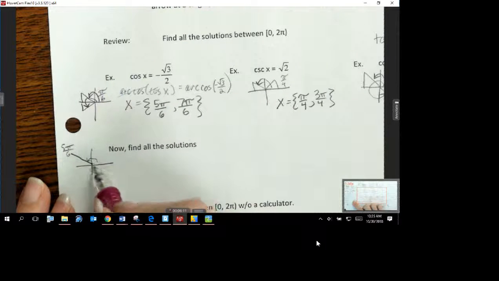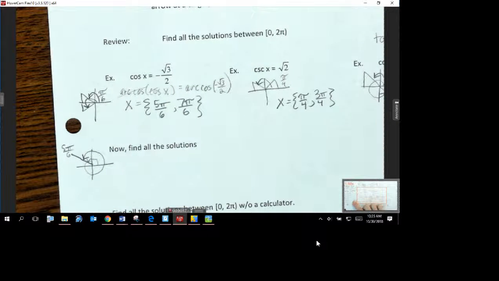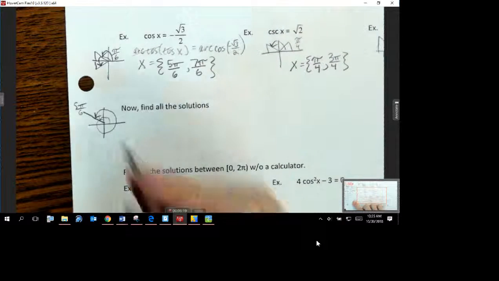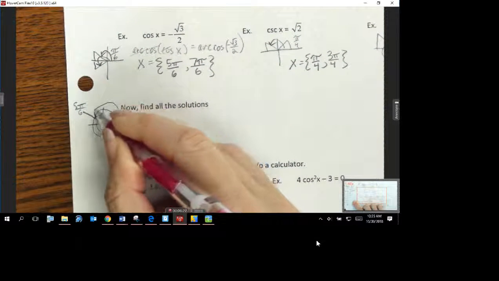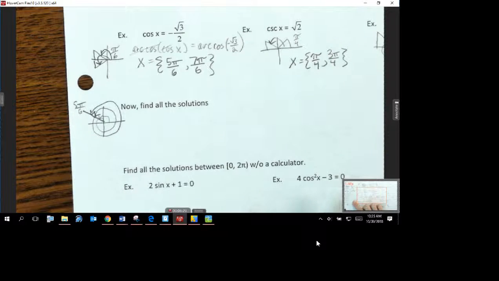But if I go all the way around the second time, I get another one that has that exact same answer. And if I go around another time, it's coterminal. It's going to have the same answer every single time. And remember, sine or cosine, they're periodic, and they go around and around and around.